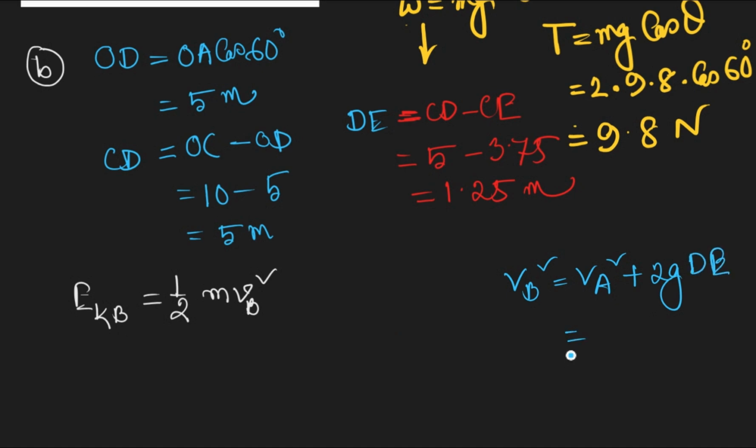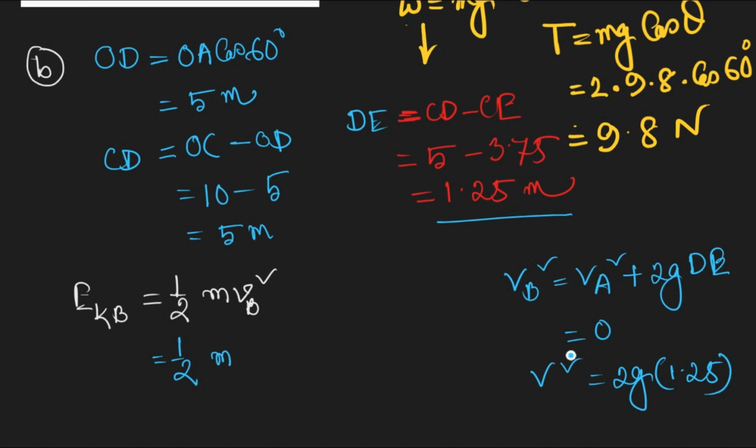Of course VA is 0. So V square equals 2g times DE, which is 1.25 meter.